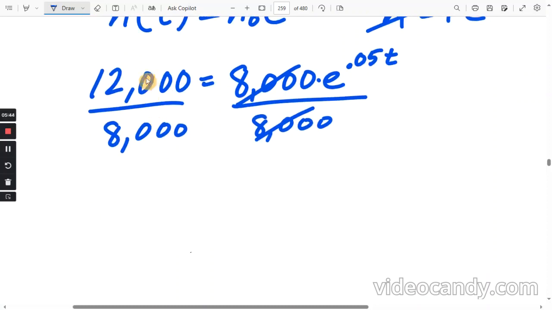You can leave this as is or make it a decimal. Just for abbreviation, 1,000 divided by 1,000, we can cancel those zeros. I'm just going to leave it as 12 over 8. You can certainly make it a decimal, but I'm going to leave it like that for now. And that equals e to the power of 0.05t.